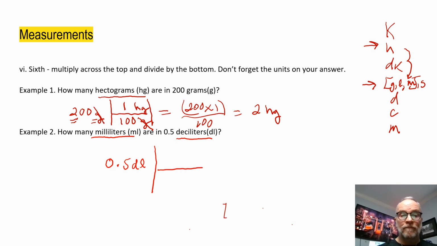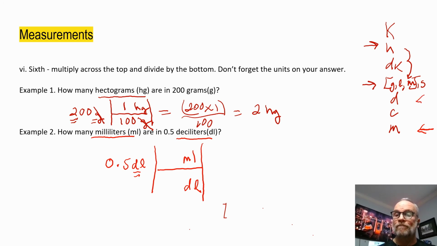And then do our conversion factor. Whatever we're given goes on the bottom, deciliter, so it'll cancel out at the end of your problem. And we're solving for milliliters. Okay. So here we have milliliters all the way down here. And we have deciliters, which will be right here.